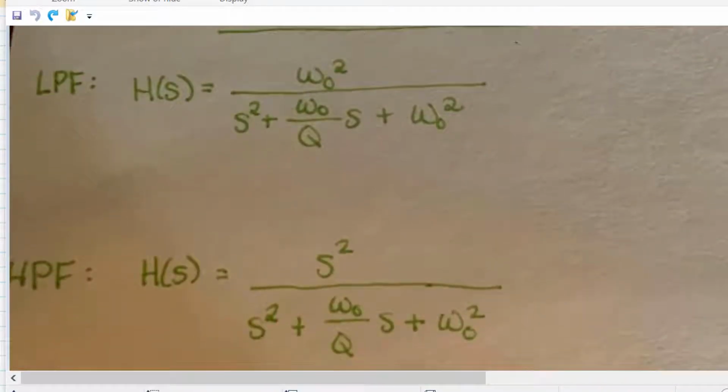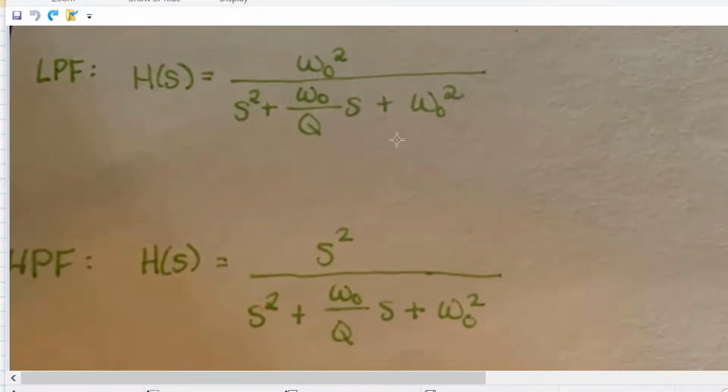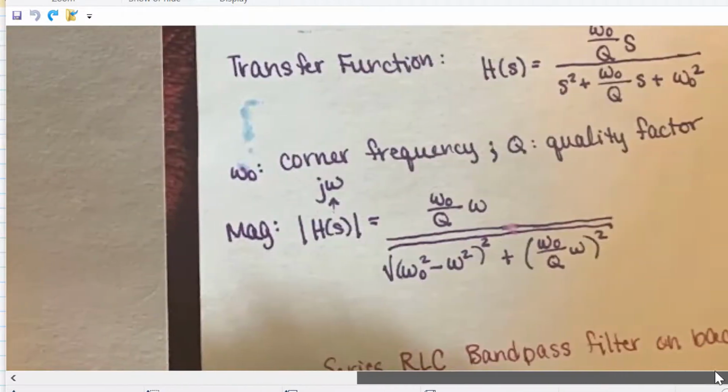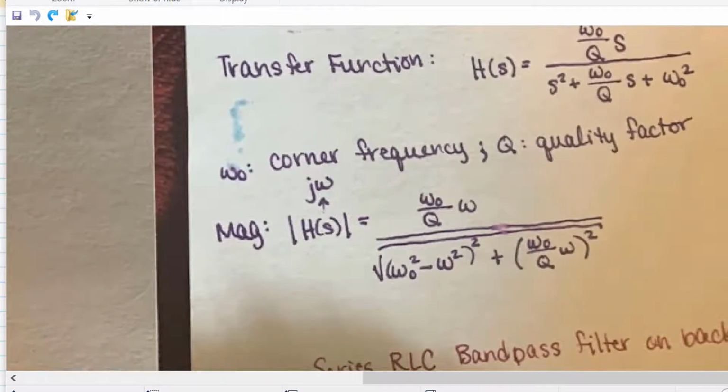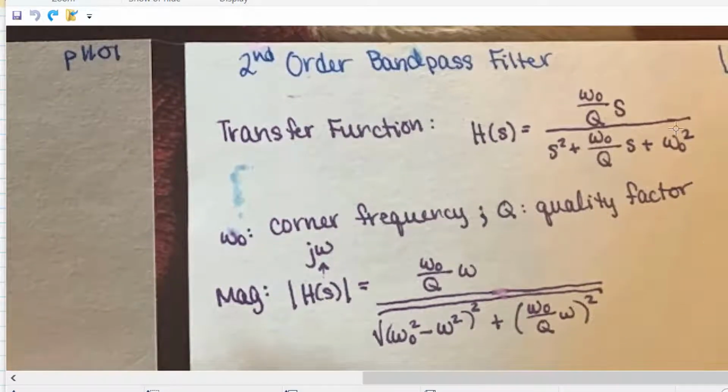If it's just a constant or a constant squared in the numerator, it's a low pass filter. Notice it's the exact same denominator. If it's s squared, nothing added, then it's a high pass filter. And again, same denominator as the three other types, but this time it's a constant times s in the numerator, and that would be bandpass.